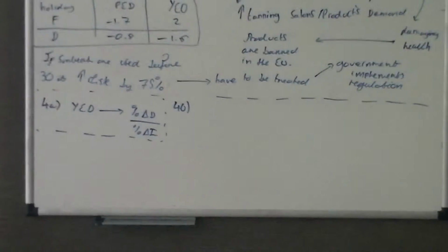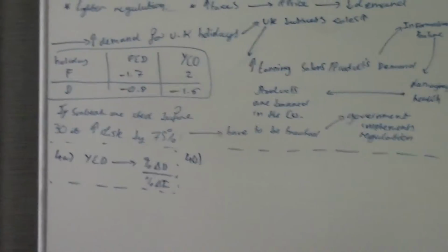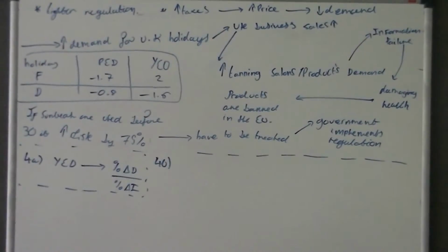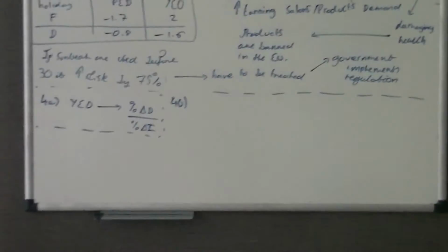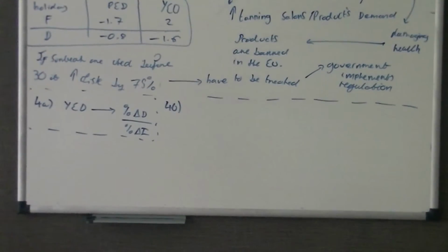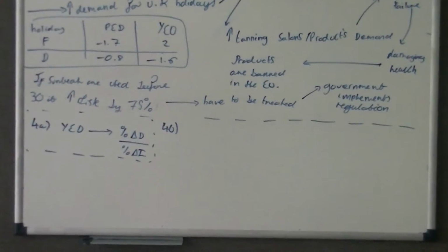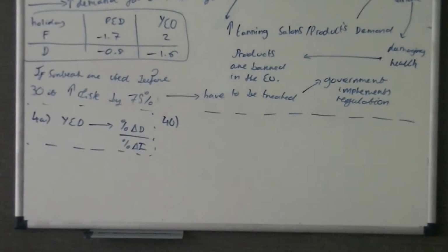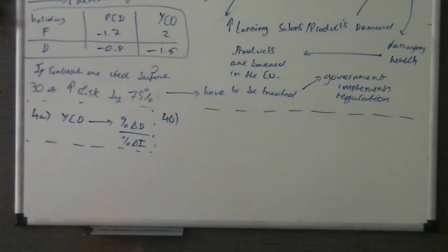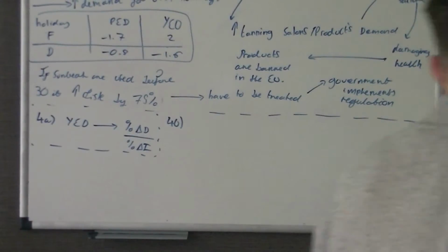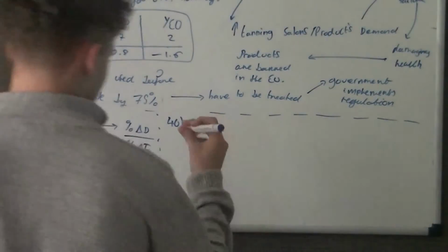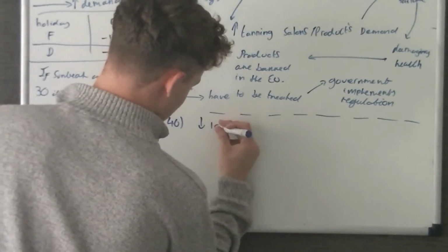So using that information, and what we're given, to answer the question, it says comment on the likely impact of these figures, is essentially what the question is asking us. But what it really asks is comment on the likely impact of the fall in income. So what do we know? Well, we know there's going to be a 10% fall in income.